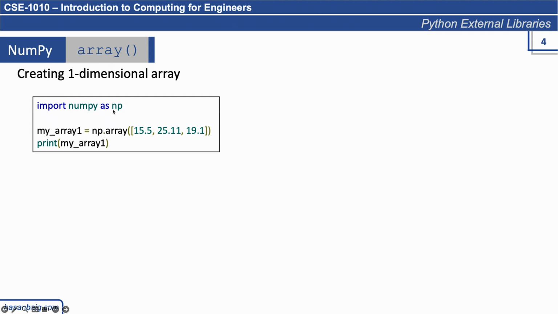Whenever we need to call any function or method in that package, we can just call it by its alias. So np, which refers to NumPy, dot array. Dot notation is used to access any attribute or method from the imported module, and then we can create an array by specifying the elements in the form of a list.